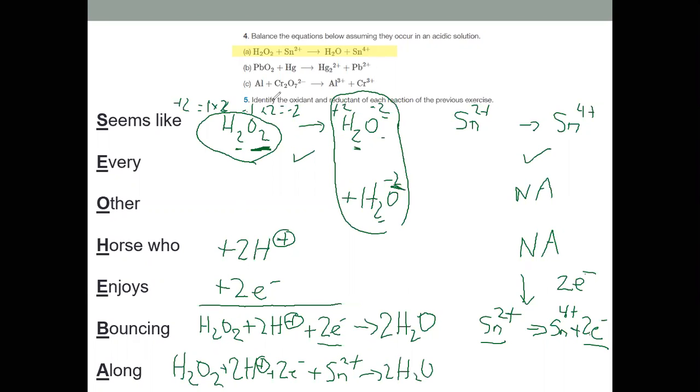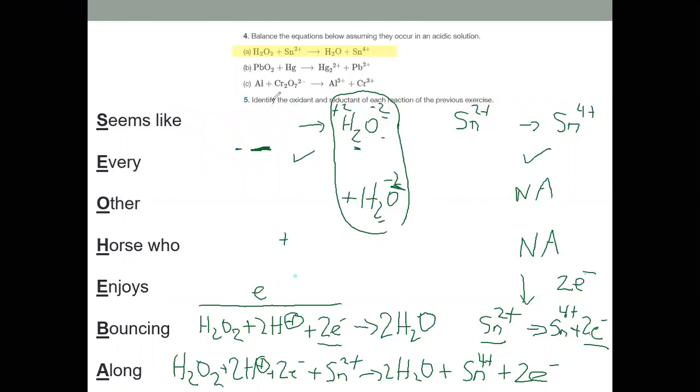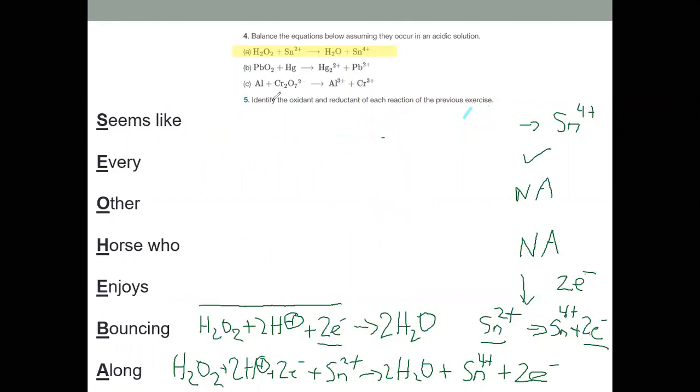2H2O plus Sn4+ plus 2 electrons. Okay. All right, so I'm going to clean off a little real estate here so we can write this stuff back together in a cleaner way as we go through the process of adding these two half reactions together.